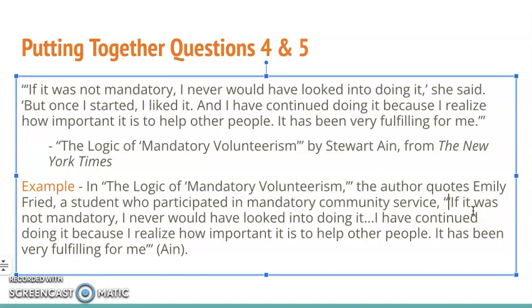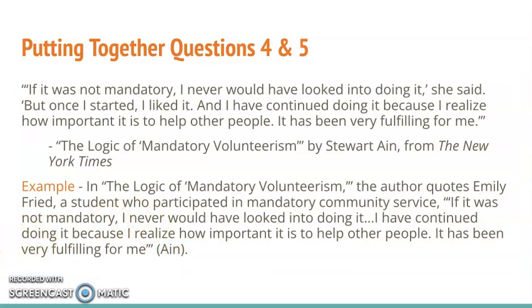We'll do the traditional double one, and then we will also put in that single one that indicates that we are quoting somebody inside of a quote. And then at the end, we put the author's last name, Ain, because we did not refer to his name in the sentence. So that was just an example of quoting a quote.